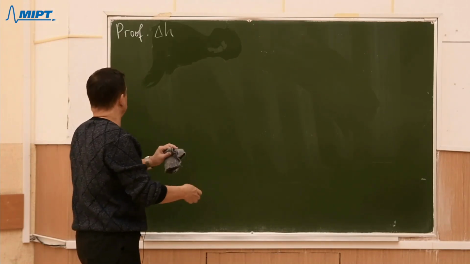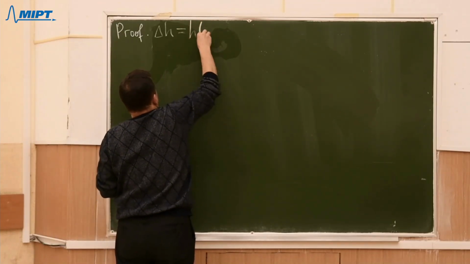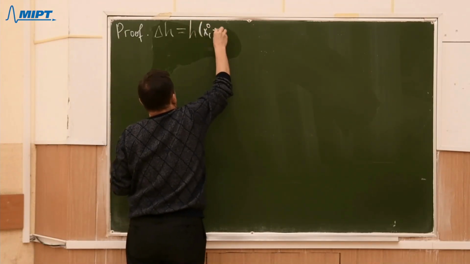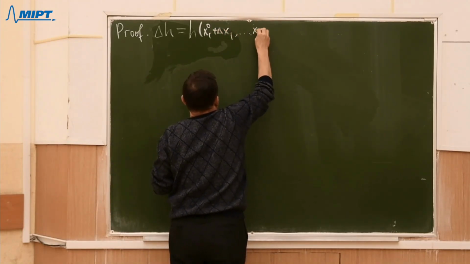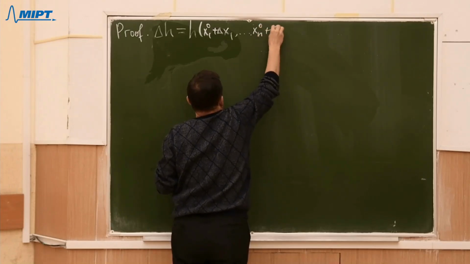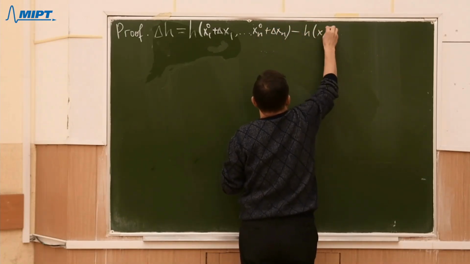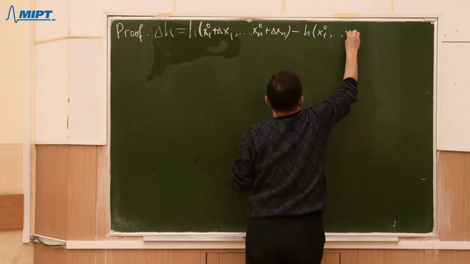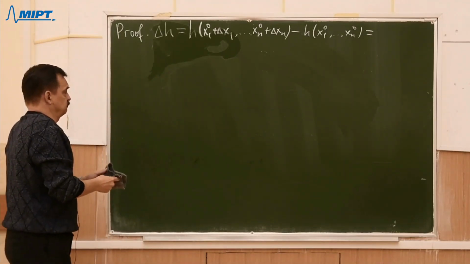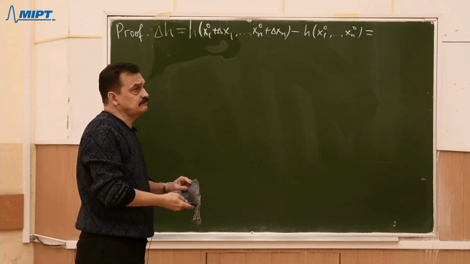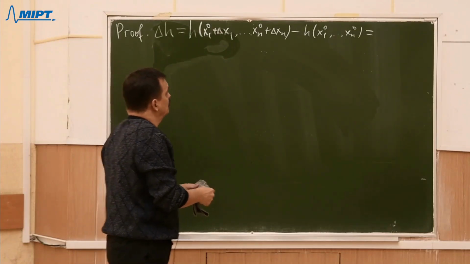Let me write that increment: h of x1 naught plus delta x1, so on, xn naught plus delta xn, minus h of x1 naught, so on, xn naught, right? And now what is it?